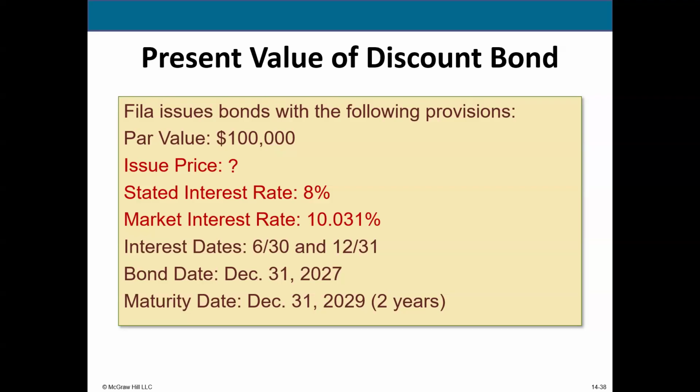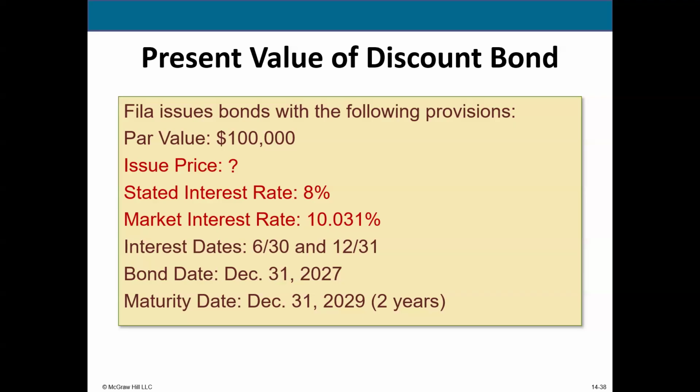The annual market rate in this example is 10.0331. We consider there to be semi-annual payments, so the semi-annual rate is 5.0155. We got that 5.0155 by taking the 10.031 and dividing it by 2, for semi-annual payments.